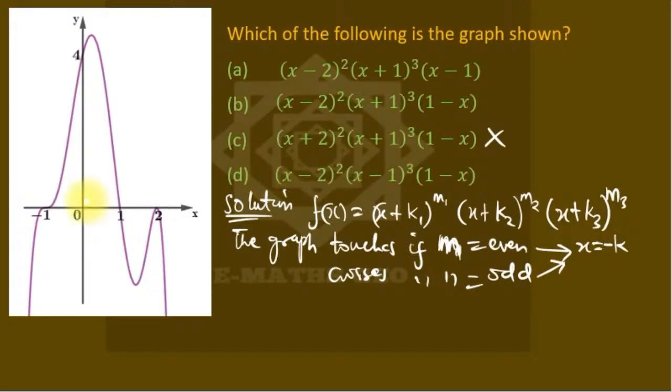The third one crosses at minus 1, meaning x plus 1 is a factor. So this is off, because what we have here is x minus 1. It should be x plus 1, so that when it crosses, it has an odd power, so that's why it crosses. So this one is off, remaining these two.